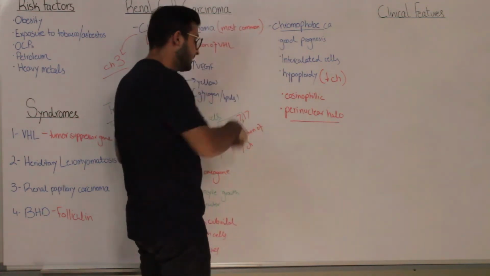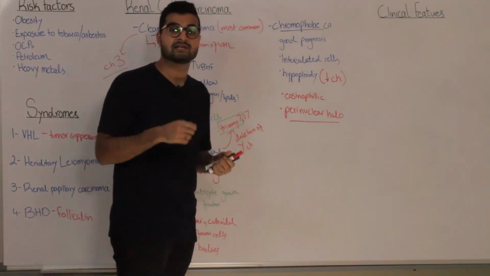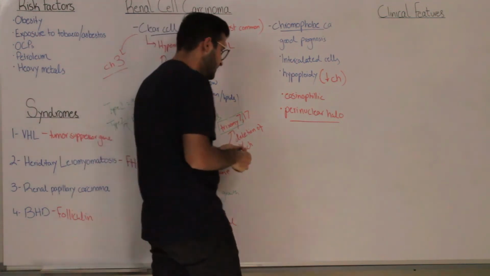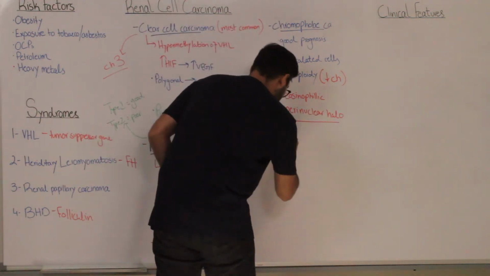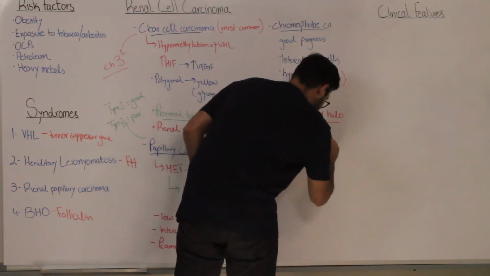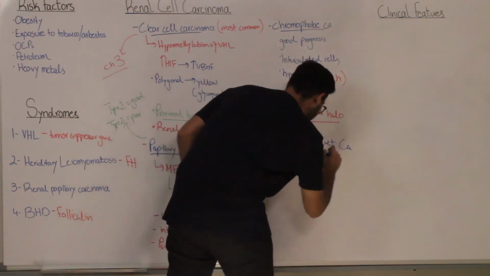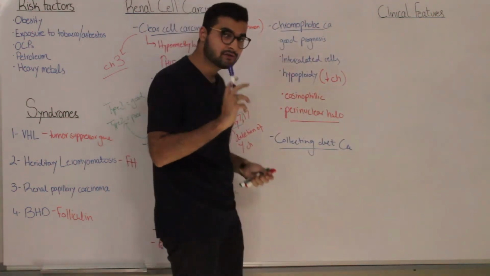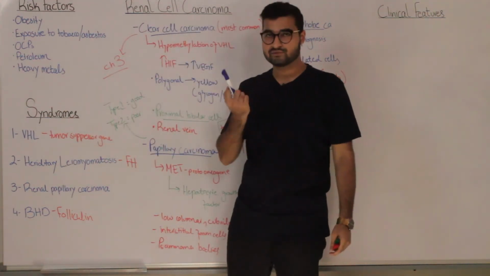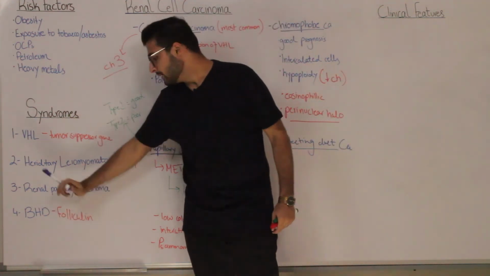So coming on to the last type of renal cell carcinoma, which is your collecting duct carcinoma, or duct of Bellini carcinoma. Your collecting duct carcinomas are related to a syndrome, and amongst all these syndromes, which syndrome do you think it would be related to? It's related to BHD, right?